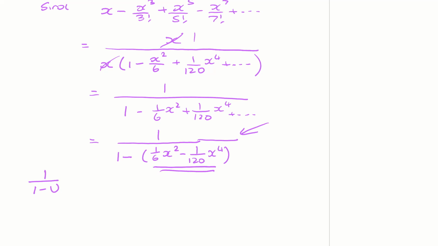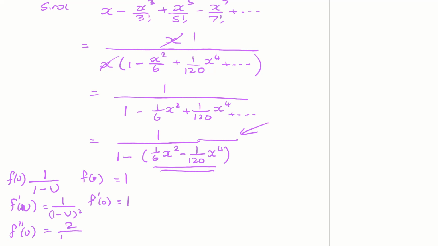So if that is f of u, then f of 0 is equal to 1. f dashed u is going to be 1 over 1 minus u squared. f dashed of 0 is going to be 1. f double dashed of u ends up being 2 over 1 minus u cubed. So f double dashed of 0 is equal to 2.